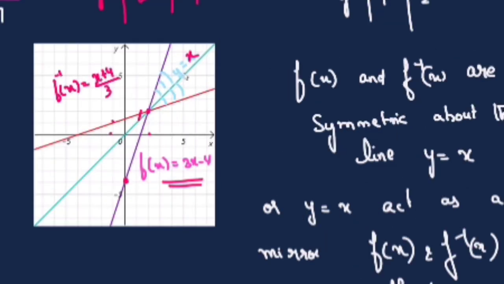And when you keep a mirror here, you can see the image like this. The image of this line will be like this, and it is symmetric. See the area, symmetric about the line. The same thing here, and on this side also you can see the same thing. Here also just see this and this, same area, same thing, symmetric.